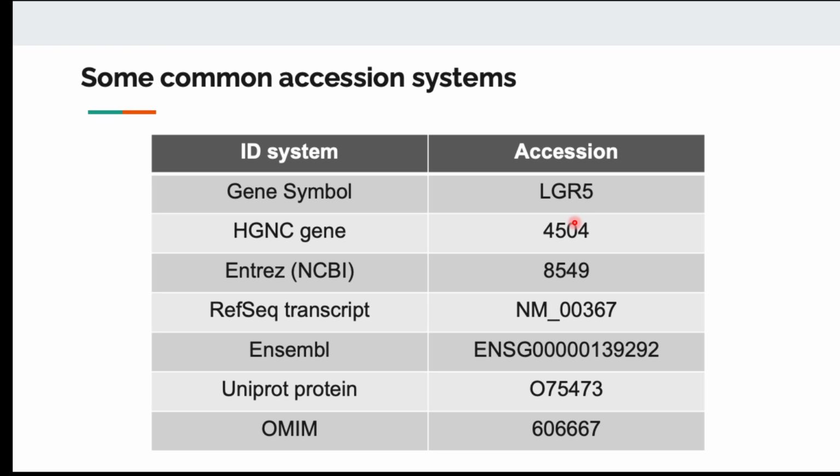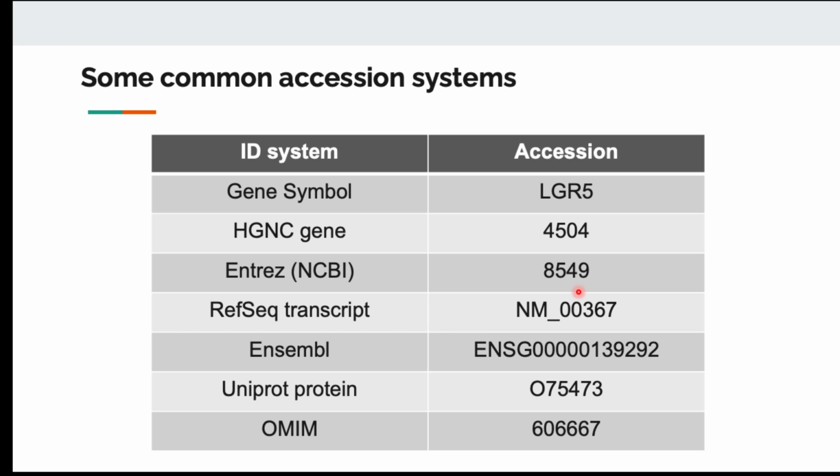But if you go to an online database, because gene symbols can change over time, depending on how much we know about the gene, and depending on if new genes are discovered, this online database will have a different accession system for referring to a specific gene, a specific protein, a specific genome, a specific species.